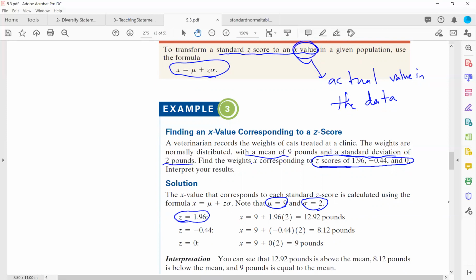We plug all the information into the formula, and x is equal to mean, which is 9, plus z, which is 1.96, times sigma, which is 2. You multiply 2 by 1.96 plus 9, and the actual x value is 12.92 pounds.